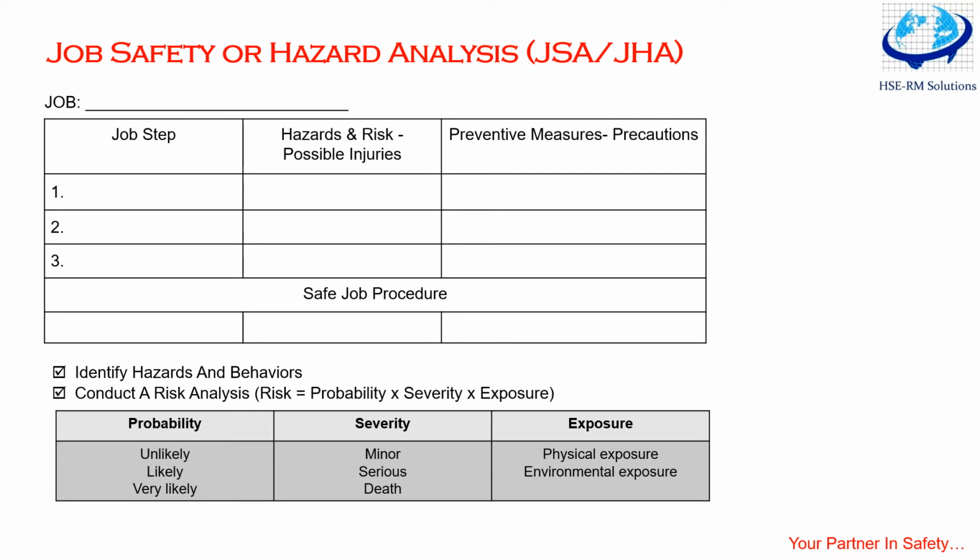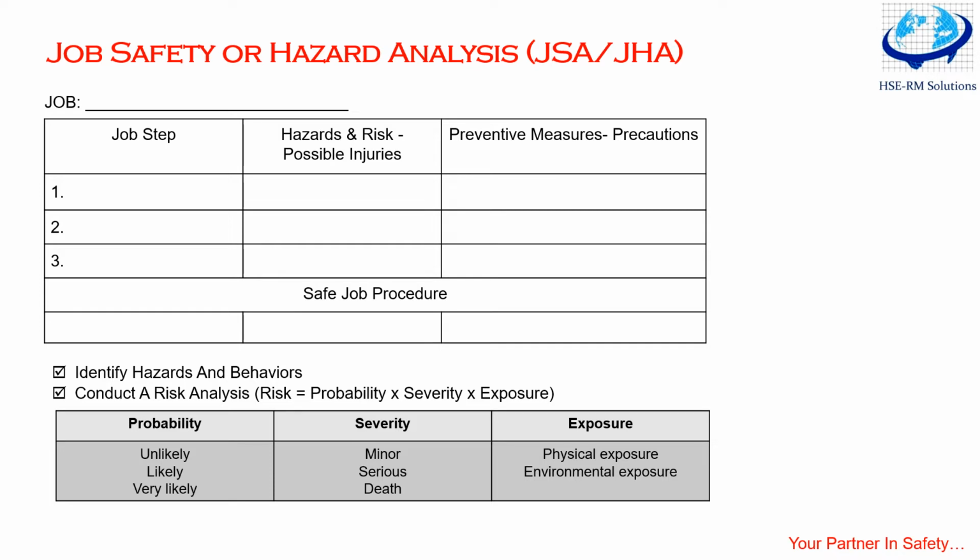Here we are just trying to simplify it, correct? So each job we analyze has an inherent risk overall. The function of the three variables is probability, severity and exposure. The greater the probability, severity and exposure, the higher the risk, correct? Very simple.